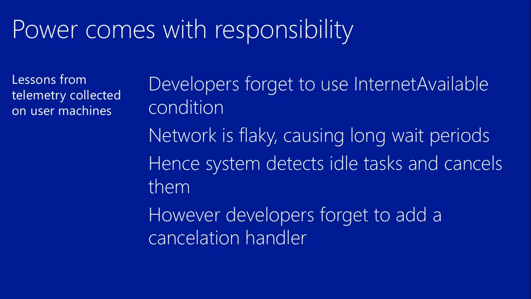Hence, in the system, we have something called idle task detection. If the background task is idly waiting with no proper output because developers forgot to use internet available or some other condition, we try to cancel them, and your app catches the cancel event handler and then properly unbinds from your background task. However, there's another gotcha here: the developer forgets to add a cancellation handler.